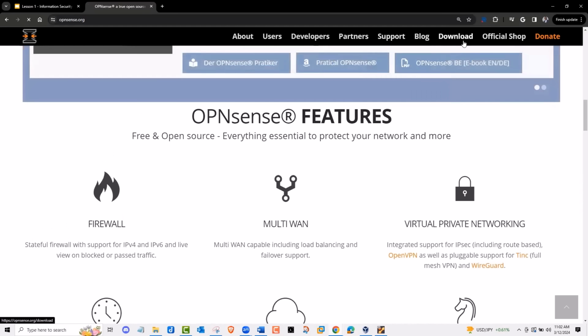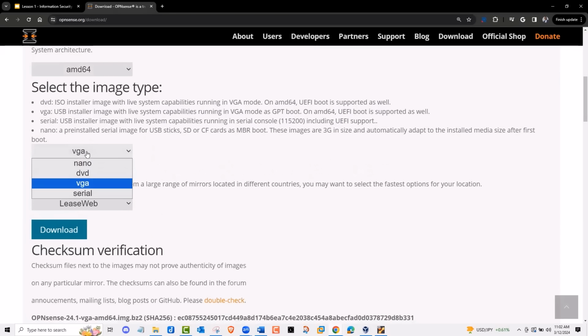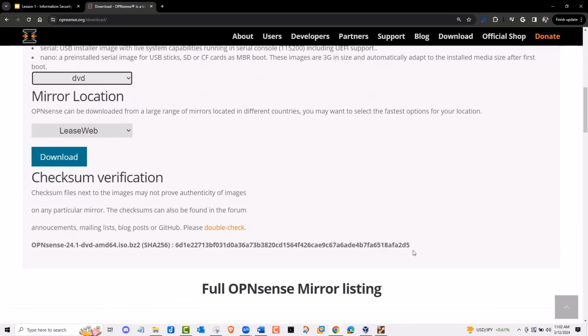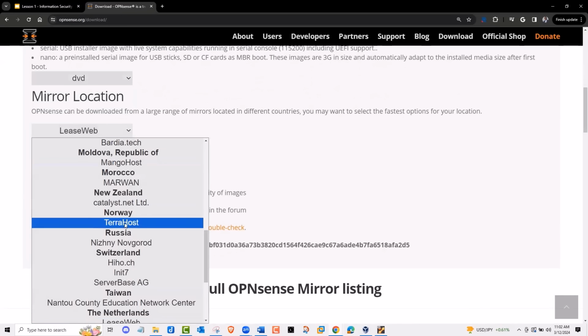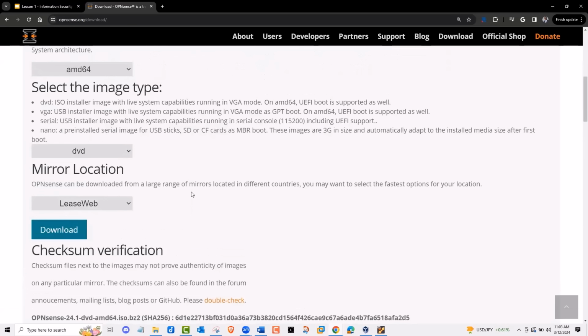If you go to the download section quickly, you can add this to your VirtualBox. You pick the architecture, make sure AMD is selected, pick DVD, and make sure you download the ISO. You can pick the location you want to download from, then go to your VirtualBox and install this on top of it.